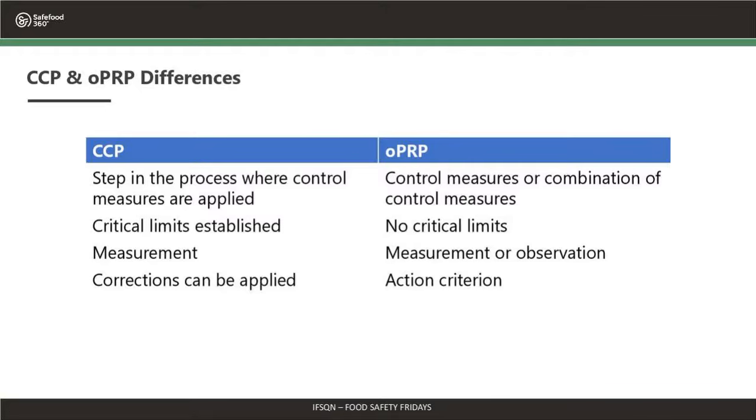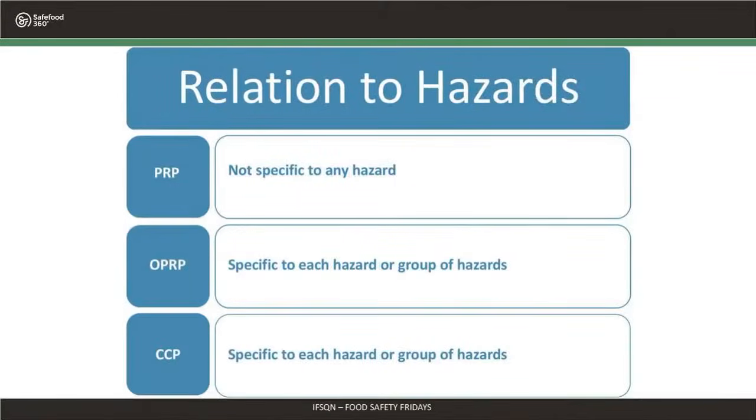So next, let's have a look at the difference between all these control measure categories. First of all, in relation to hazards, as we already mentioned, PRPs are not specific to one hazard.